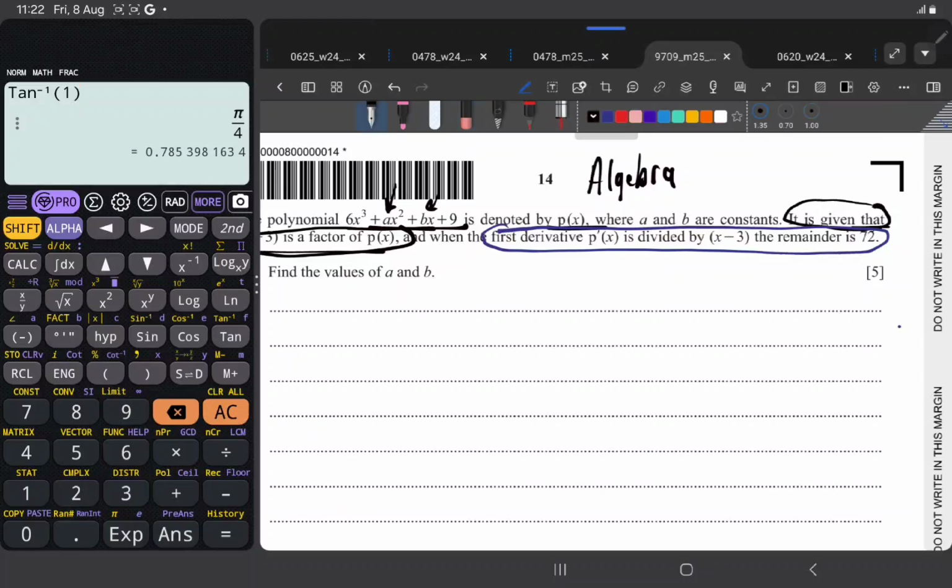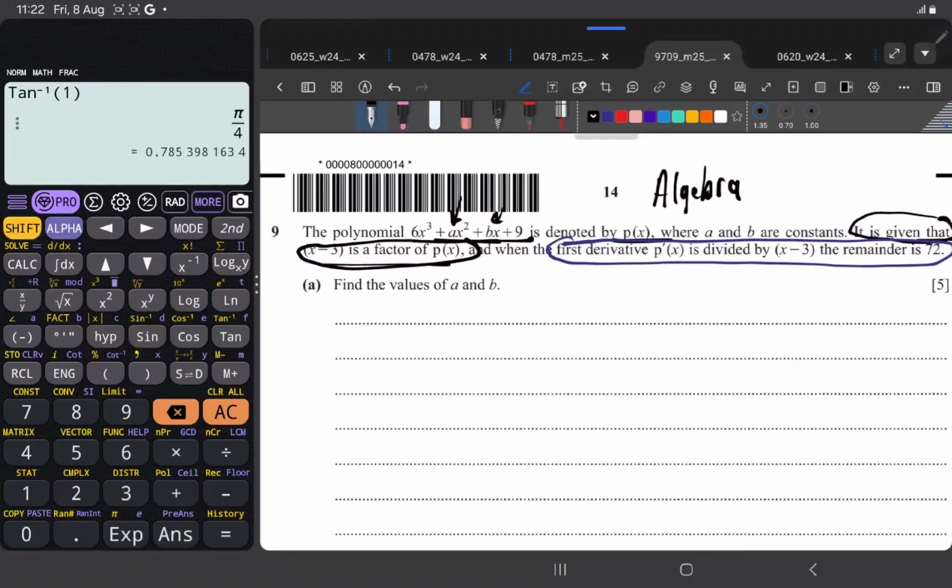They have said, it is given that x minus 3 is a factor. If x minus 3 is a factor, it means that p of 3 should be equal to 0, because that's the factor theorem. If p of 3 is 0, then x minus 3 is a factor.